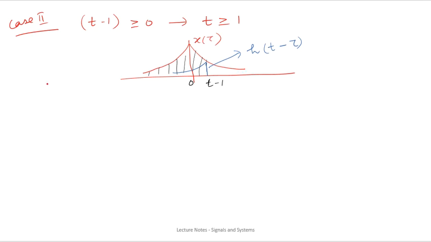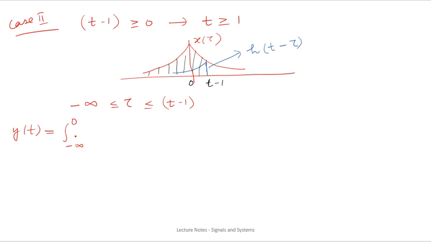You have to know the common region between these two functions, that is the overlapping period, and the overlapping period can be seen from the figure as minus infinity to t minus 1. So now you have to perform the integrations for these two.